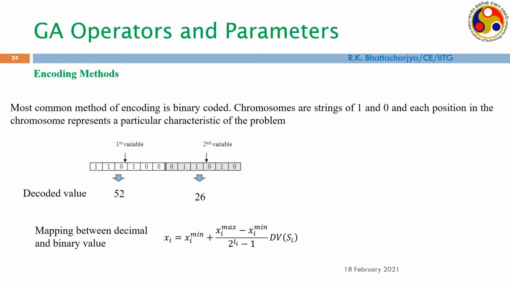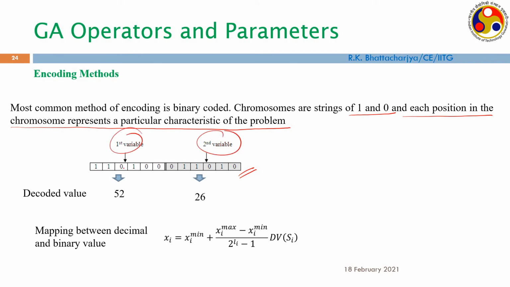So how to do the encoding? The most common method of encoding is binary coded. Chromosomes are strings of 1 and 0, and each position in the chromosome represents a particular characteristic of the problem. Here I have shown a string, a chromosome. It has two variables, variable 1 and variable 2.